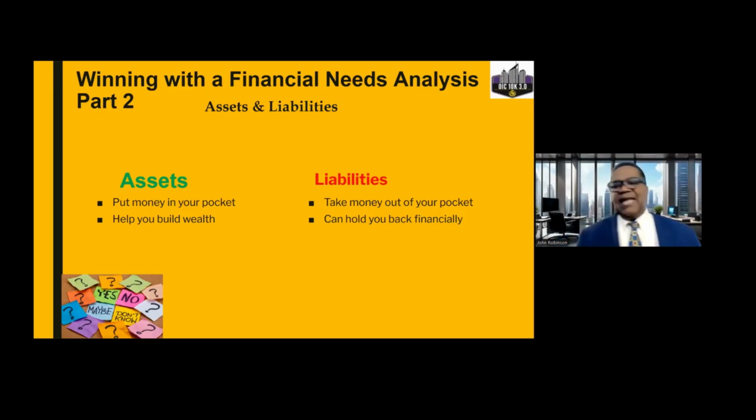Right? So in life there is a balance between assets and liabilities. Any good business has assets and liabilities. Any good financial enterprise or system has a balance between assets and liabilities. And usually when a business gets started, the liability column is very fat.